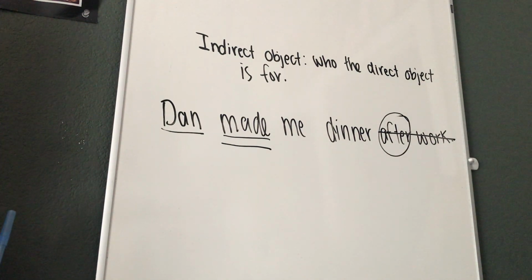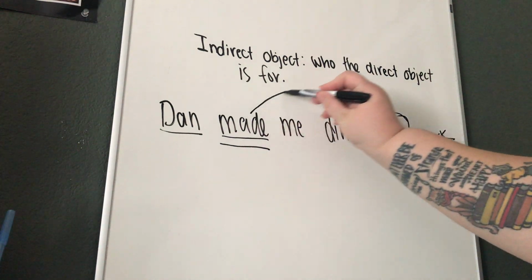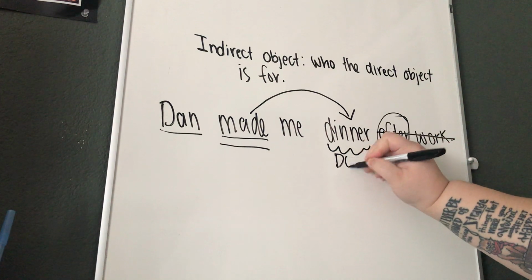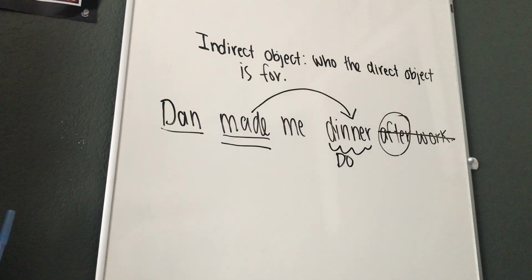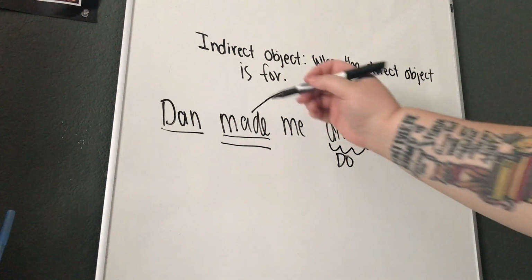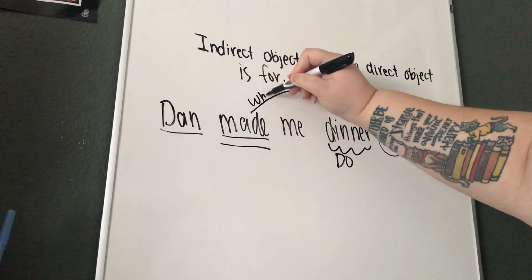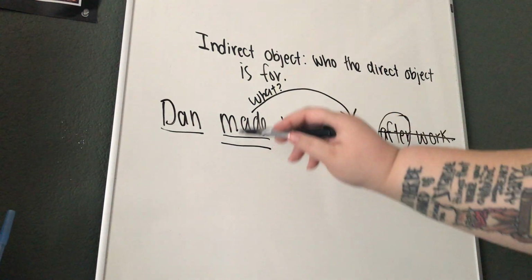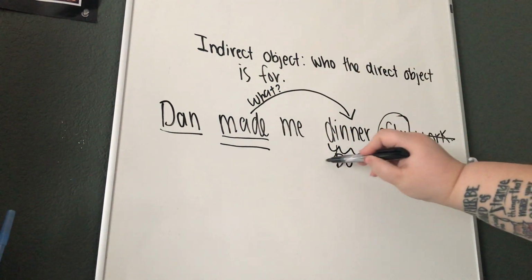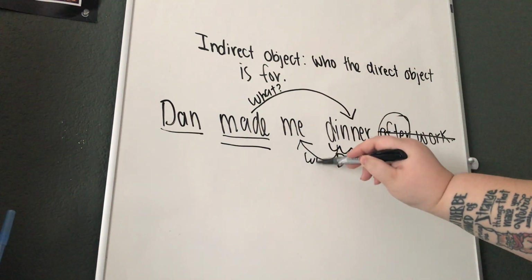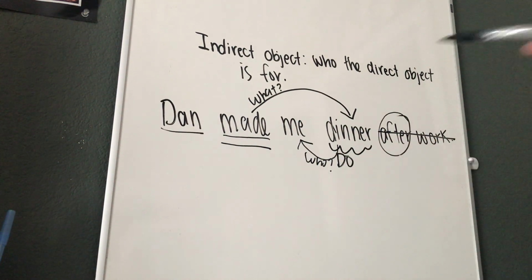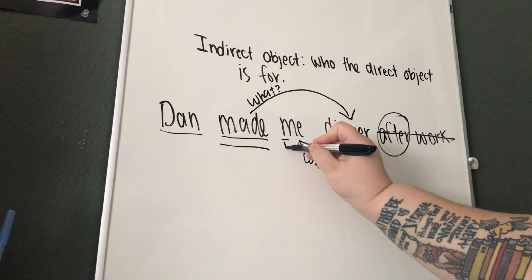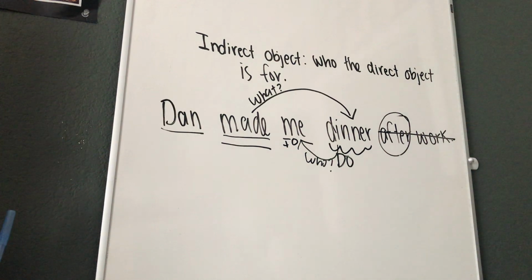Alright, so Dan made what? Dan made dinner. That is my object that answers the question about my verb. So Dan made what? Dinner. Dan made dinner for who? Me. So me is your indirect object.